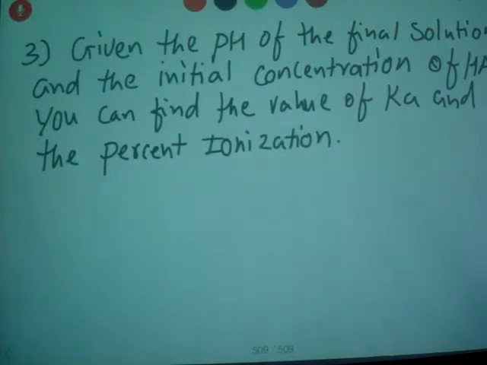So let's say if some pH is given of the final solution and initial concentration, then you can calculate. Okay. So those three things you need to consider, and then you can work on it.